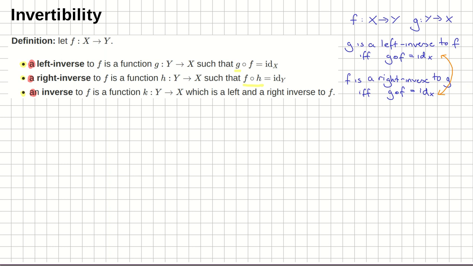A final observation before I look at some examples is just as a kind of intuition for what a left inverse is doing. A left inverse undoes what a function does.